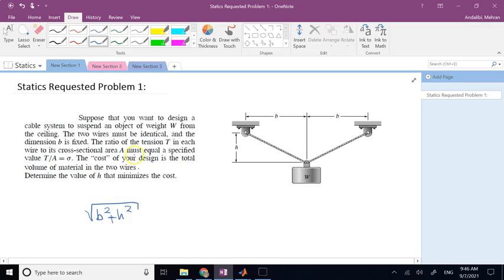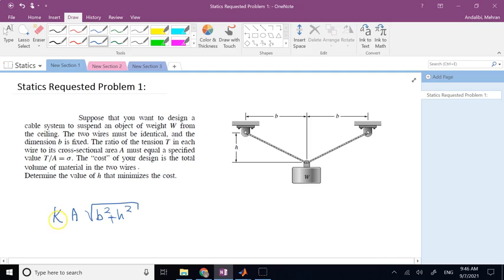And if you consider the cross section of the cable A, then A times the square root of B squared plus H squared is the volume of each cable, right? And you can multiply it by any constant, which is the price per volume. So we can consider K here to be cost per volume.